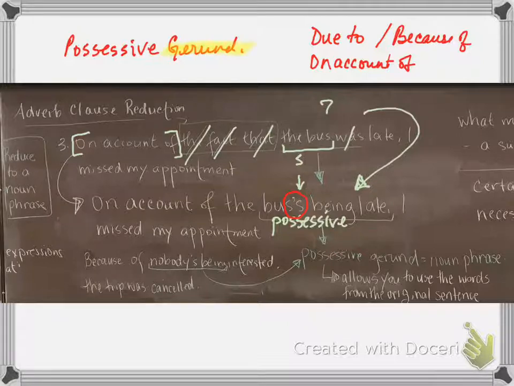And it's a gerund because we can see below here that we've got the ing form here in being, and that comes from the verb above, which is was. Okay. So the possessive is formed by going to the subject in the original sentence, and the gerund is formed by looking at the verb in the original sentence. Okay.